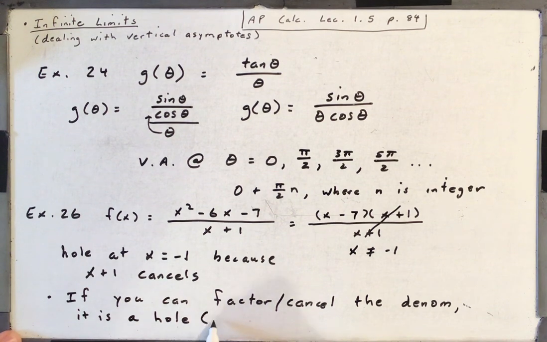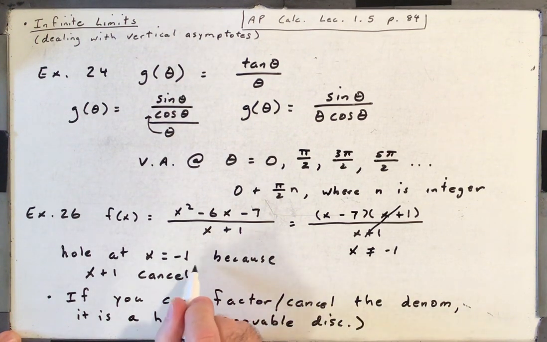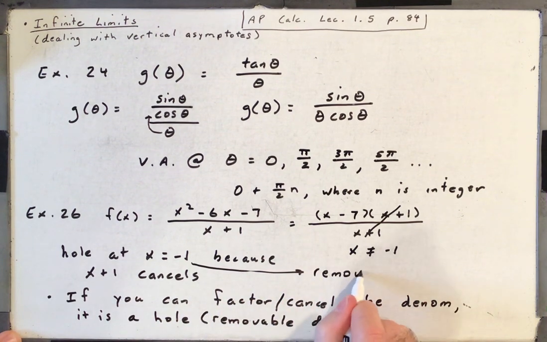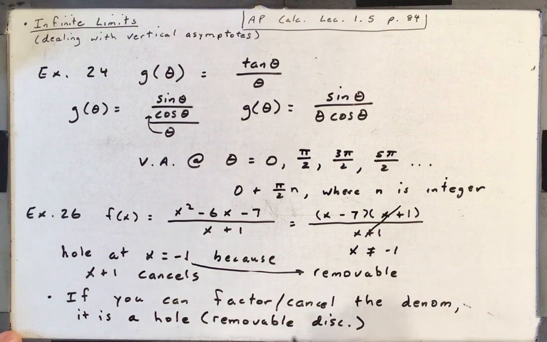And a hole is a removable discontinuity. So we have a removable discontinuity at x equals -1.